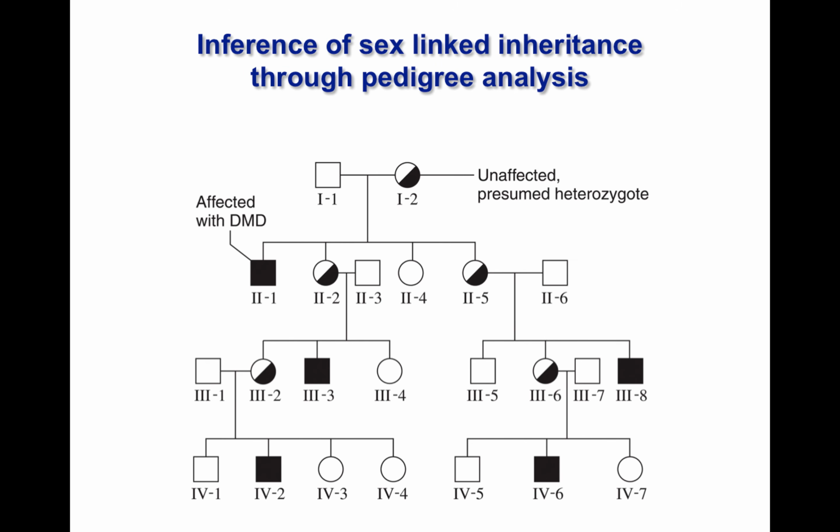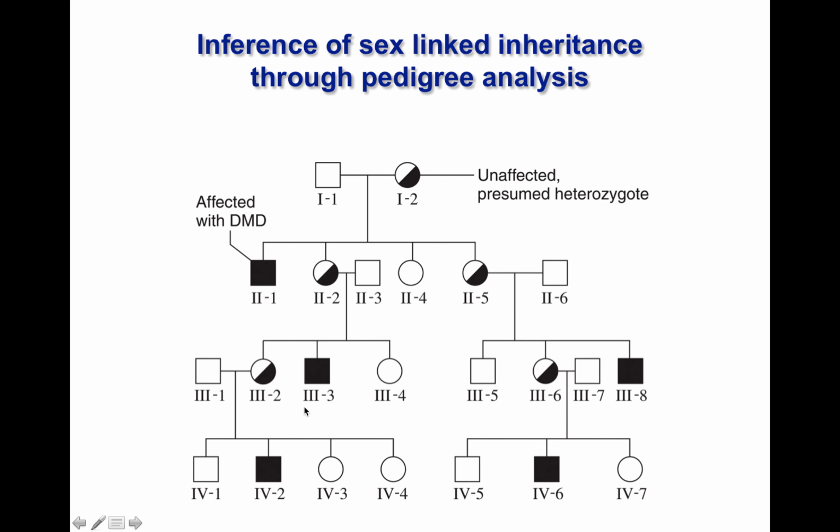We can infer sex linkage inheritance through pedigree analysis. Here's a population of several families that show Duchenne's muscular dystrophy in some of the members of the clan. First thing you need to look at in this pedigree is the fact that all of the individuals that are affected, all of these totally filled in symbols here, are male.